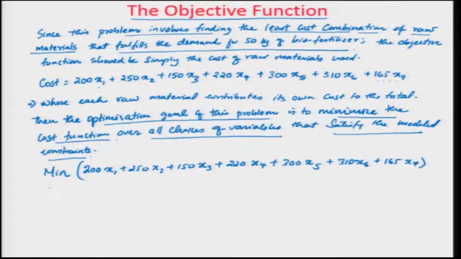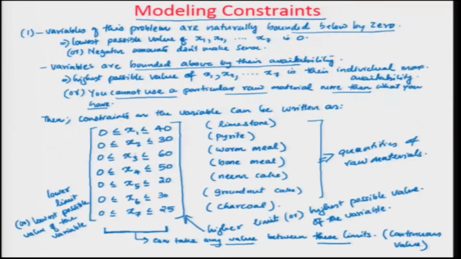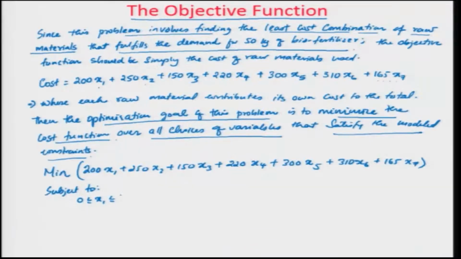We are trying to minimize this, subject to our constraints, where we will say that 0 is less than or equal to x1, less than or equal to, I don't remember what that quantity was, but if you go back it will be 40. So we will write it as 40, and like this all our constraints will be written here. Then we will have the percentage carbon constraint, percentage nitrogen constraint, percentage sulfur and percentage phosphorus constraints, all of these.